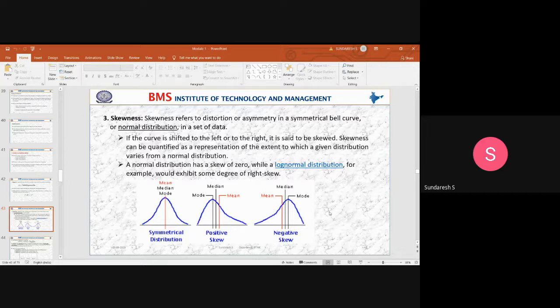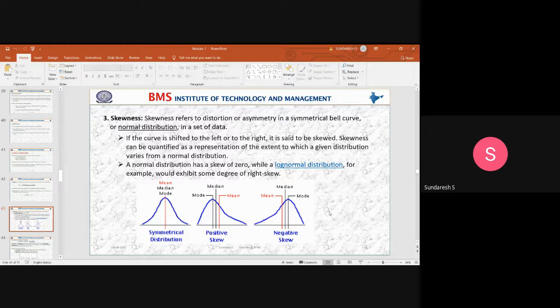So what does it measure basically? The curve which does not follow the shape of the normal curve. When you get a set of data and plot it, you are going to get a curve. That curve which does not follow the shape of a normal curve, we generally call skewness, right? So basically it is a value, the skewness value.